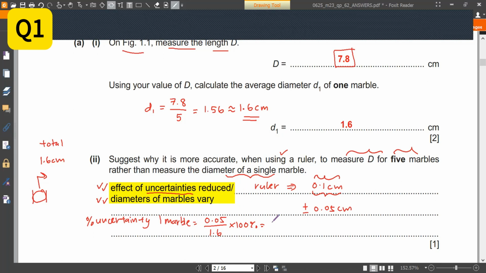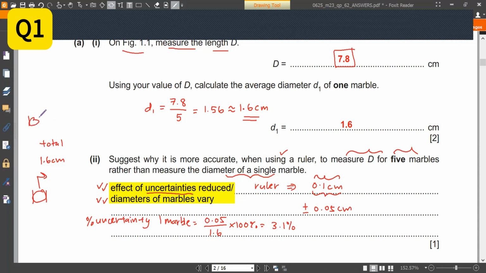So this is around 3.1% of uncertainty. So for any measurement, we want as low as possible the uncertainty. So if we have a large uncertainty, we are not sure about our measurement. So we want to have as low as possible.